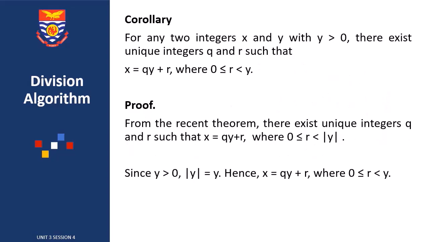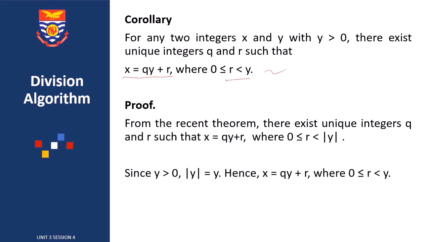Now let's look at this corollary. For any two integers x and y with y greater than 0, there exist unique integers q and r such that x equals qy plus r, where this is the given interval. This is pretty simple.